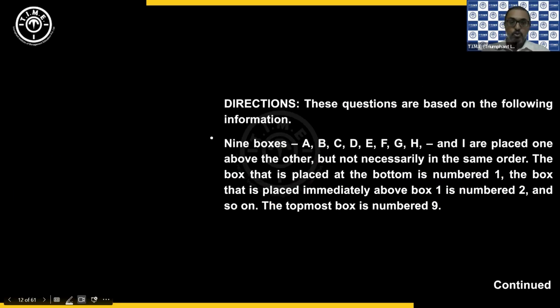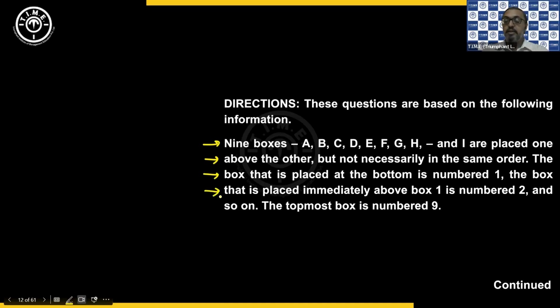Okay, so those were the questions you had in statements and conclusions. Then moving on to the next. These questions are based on the following information. Nine boxes A, B, C, D, E, F, G, H, and I are placed one above the other, not necessarily in the same order. The box that is placed at the bottom is numbered 1.